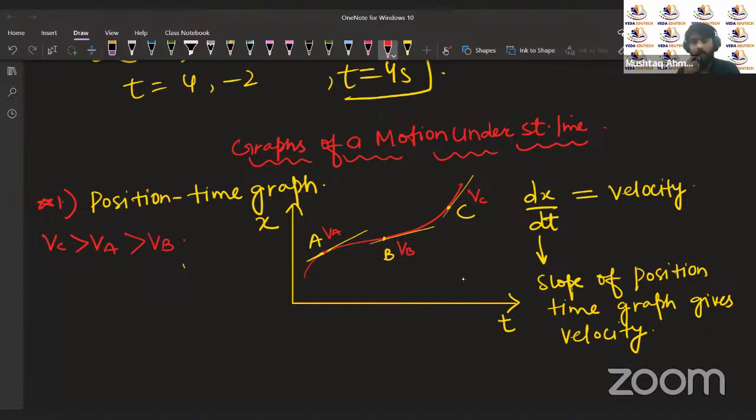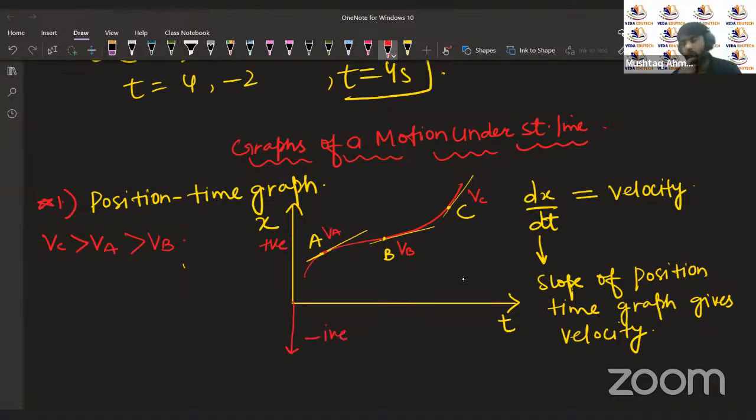So from this, we conclude that the slope of a position time graph gives us the velocity. If the slope is negative, it means the velocity is negative. By negative velocity, we mean that the particle is directed along the negative direction. We're taking one direction as positive and the opposite direction as negative.